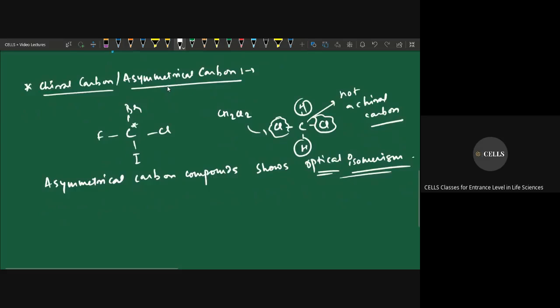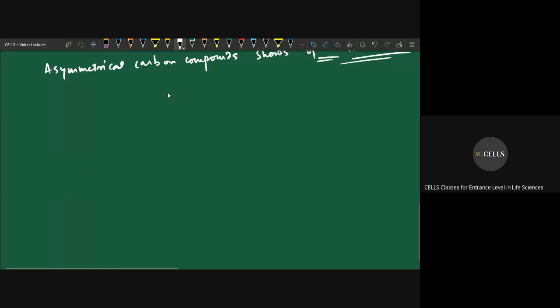Now, alcohols. If we discuss alcohols and alkyl halides, they can also be primary, secondary, or tertiary, based upon the type of carbon they are attached to.